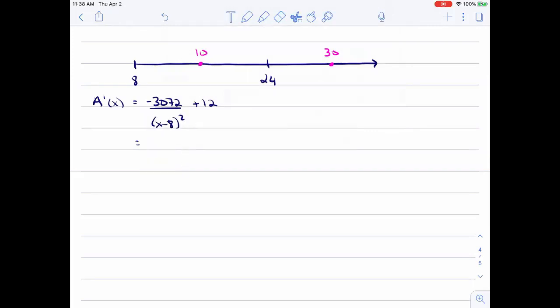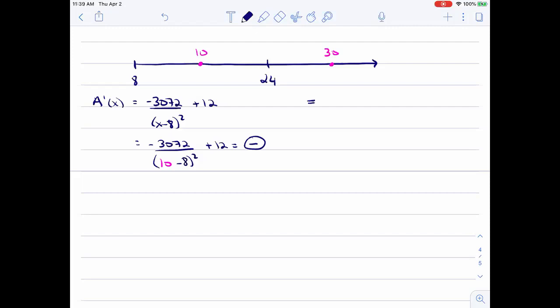So negative 3072 over 10 minus 8 is 2, and then square that. Negative 3072 divided by 4 plus 12 is a very negative number, negative 756.